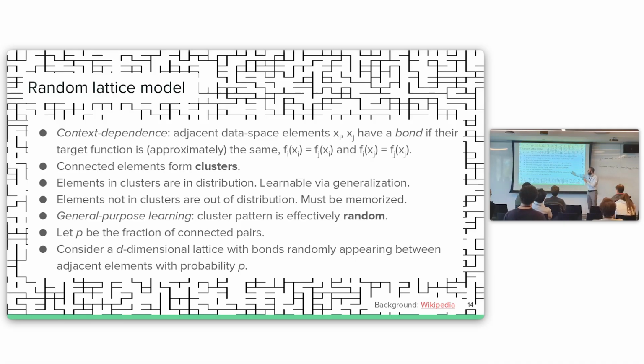The second assumption we operationalize by saying that this cluster pattern is effectively random. So we have some probability P that there's a bond between 2 sites, which is the fraction of pairs that are connected. The data model is the d-dimensional lattice that has bonds randomly appearing between adjacent elements with probability P.